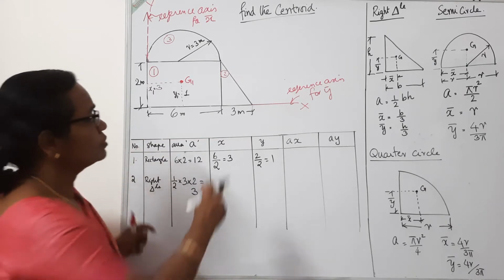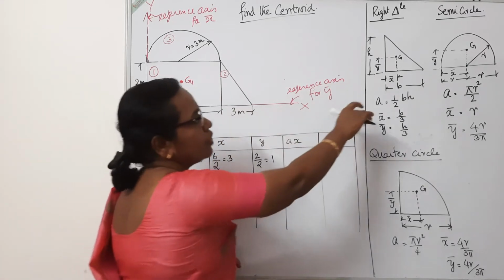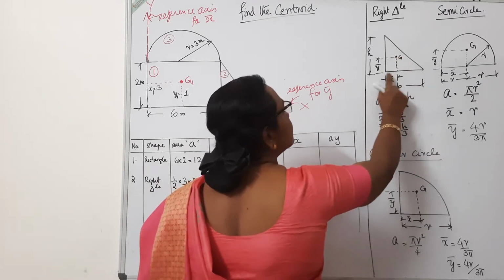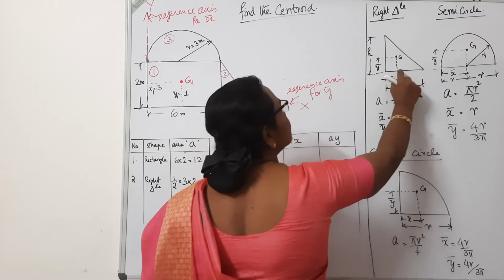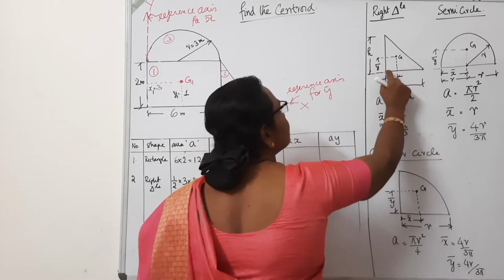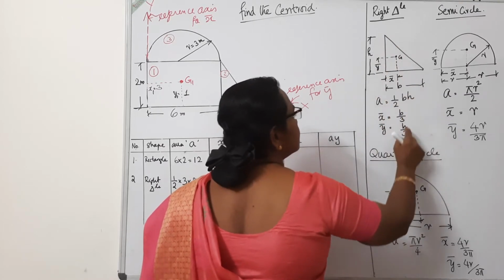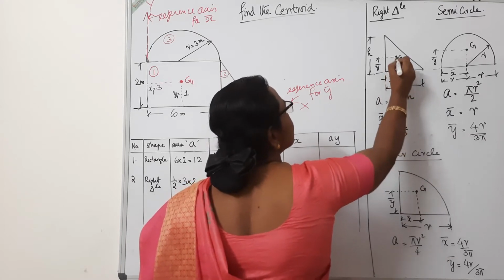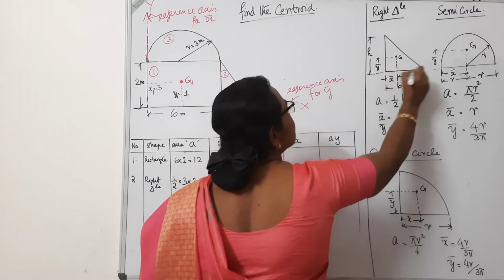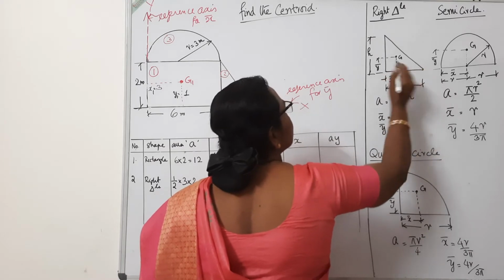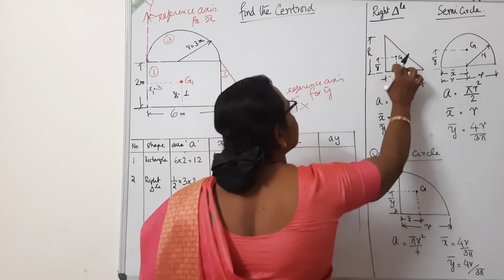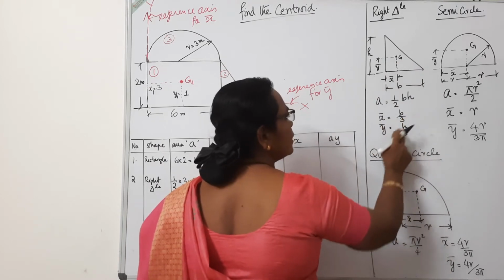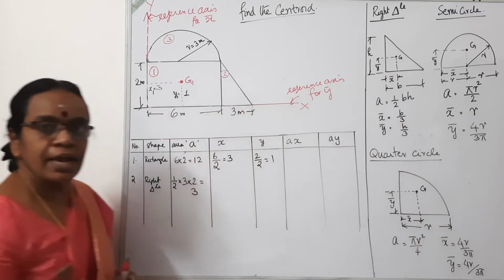Now the centroid of this triangle is located at H by 3 from the bottom, and from the left end it is B by 3. So the center of gravity is located at 1/3 the base width from the left end and 1/3 the height from the bottom. So x bar is B by 3 and y bar is H by 3.